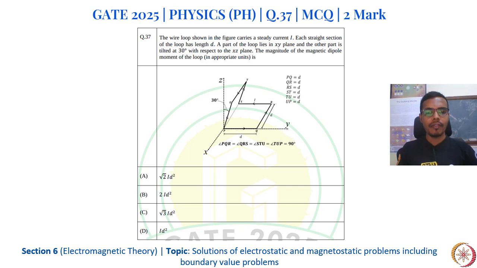We have a wire loop carrying current I consisting of two square sections of side D. So the side lengths are the same, D. Section PQRS lies flat in the xy plane.